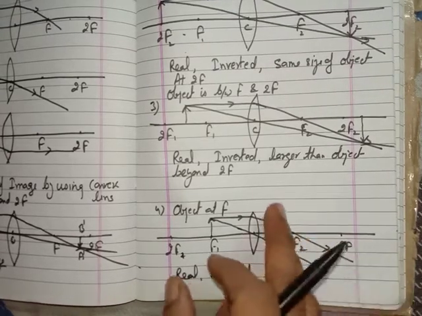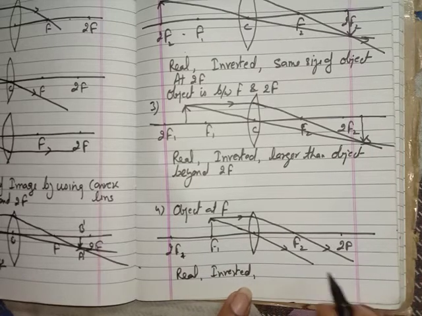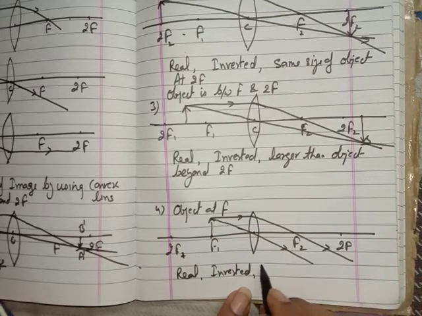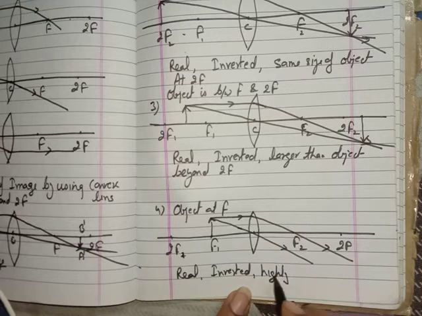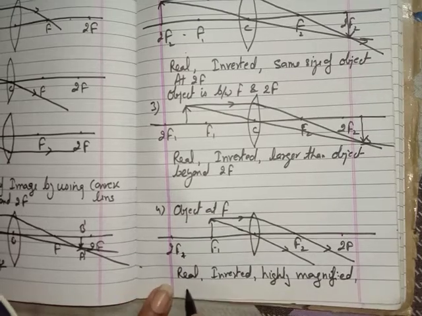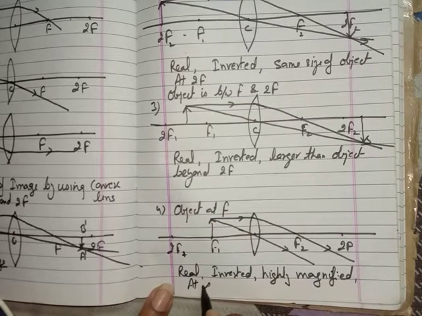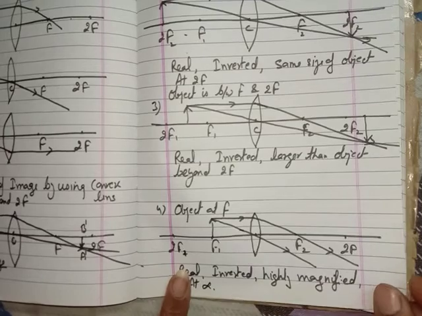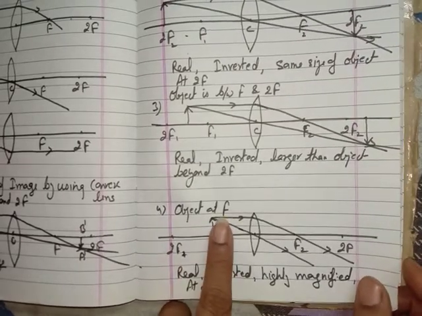If they meet at a larger distance, it means the image will be highly magnified. So this is the nature of the image formed when the object is placed at F.